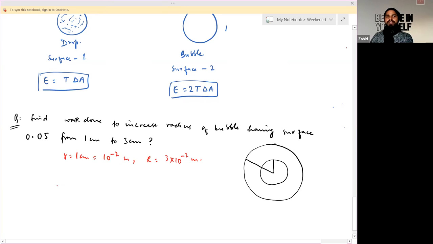First we have to calculate the change in surface area. Area of a sphere is 4 pi r squared. Take out 4 pi as constant and put the value of capital R as 3. So it becomes 9 into 10^-4 minus 10^-4. So you'll get 8 into 4, 32 pi into 10^-4 meter squared.